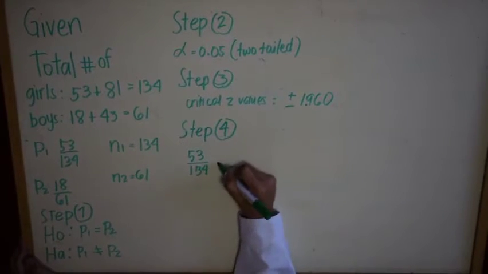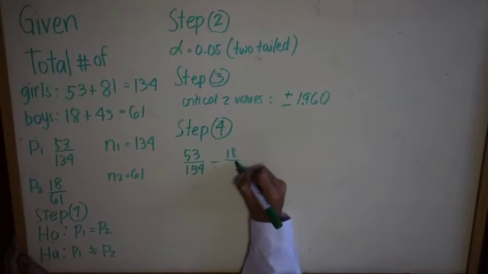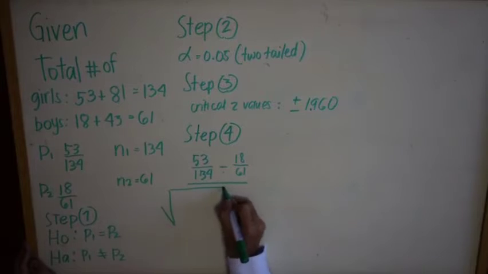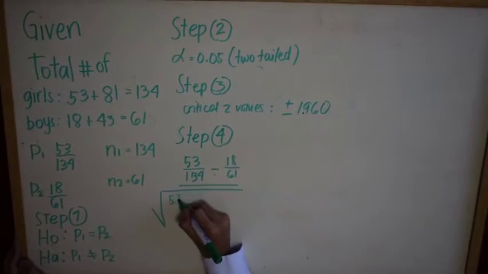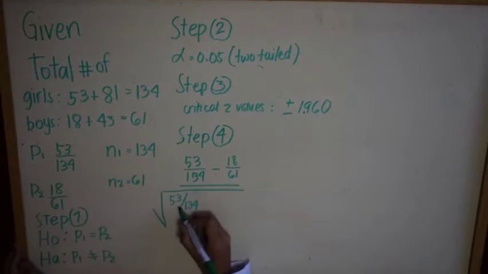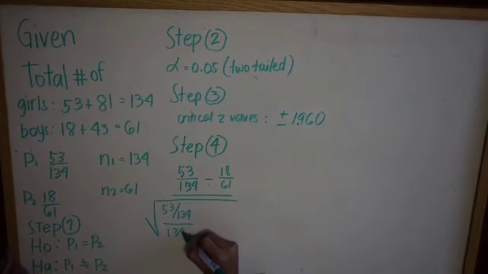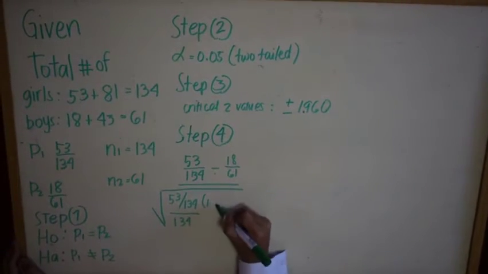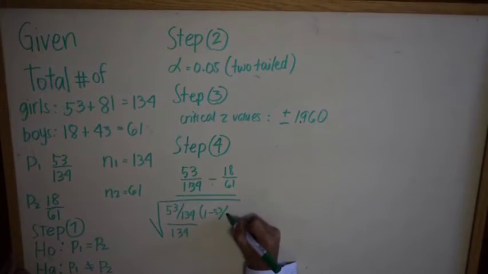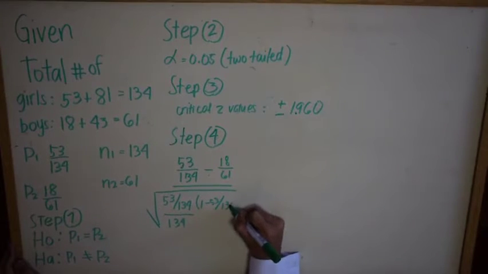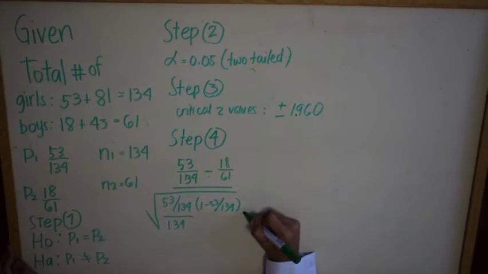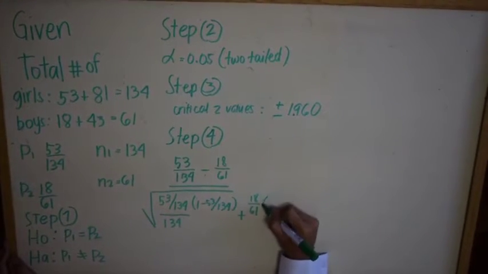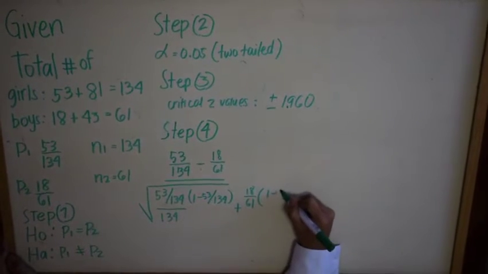So we will use 53 over 134 minus 18 over 61, over the square root of 53 over 134 times 1 minus 53 over 134, over 134, plus 18 over 61 times 1 minus 18 over 61, over 61.